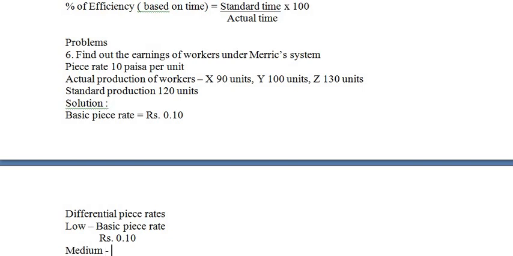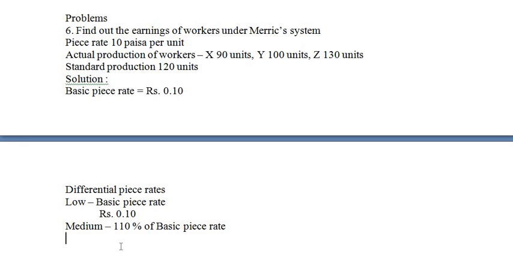Medium is 110% of basic piece rate. So 110 divided by 100 into 0.10. Calculate this, you will get rupees 0.11.